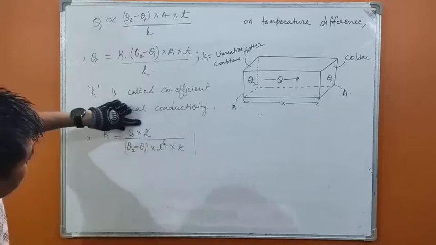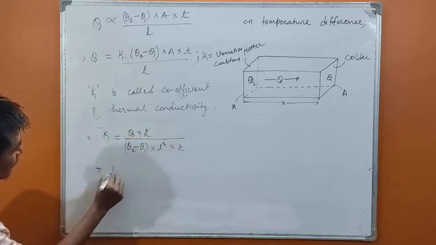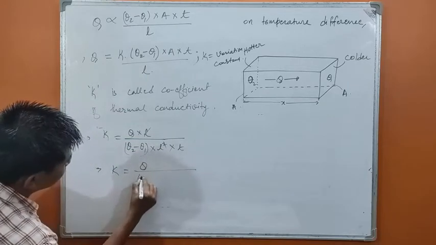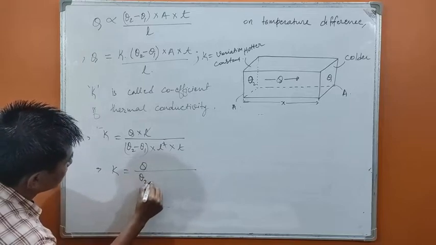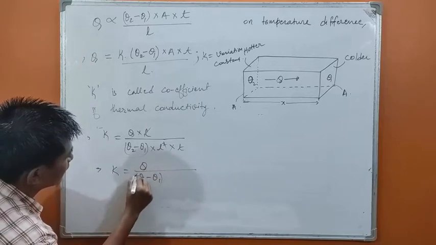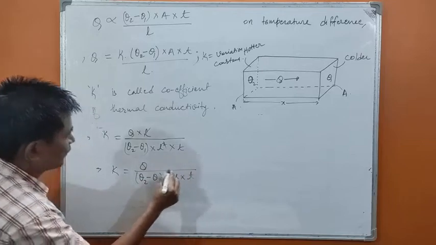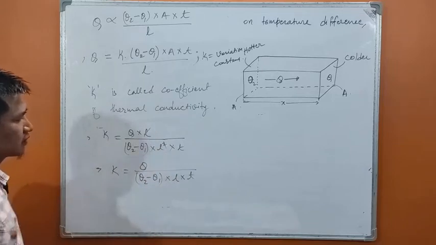Length can be cancelled, so now comes another relation: K equals Q divided by (θ2 minus θ1) into L into T. There was L squared here, so one L and one L cancelled.